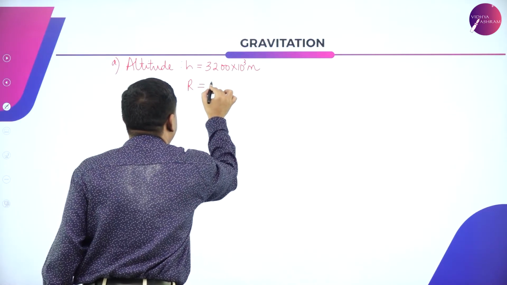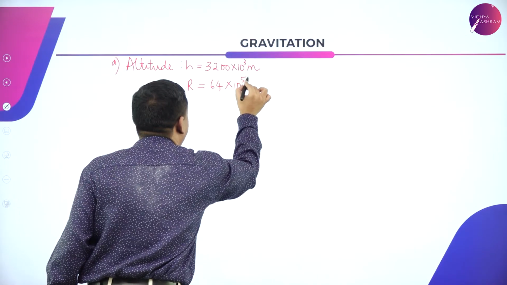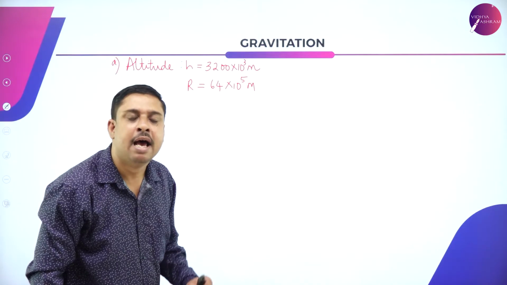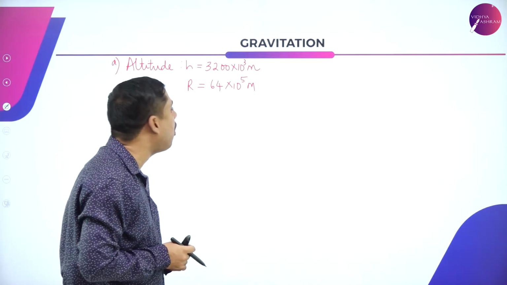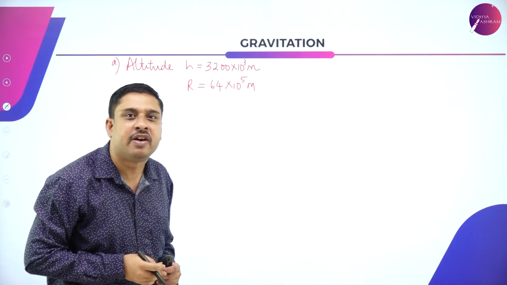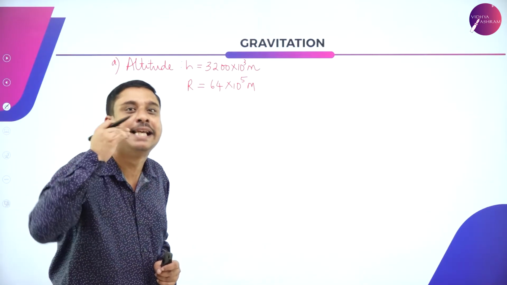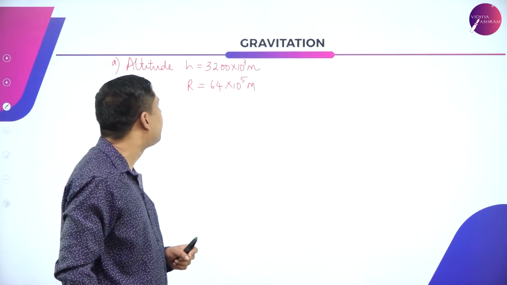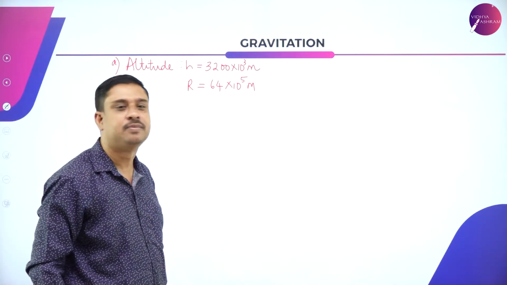Radius of the earth is 64 into 10 power 5 meters. So in the previous problem, I have shown how it is 64 into 10 power 5, 6,400 kilometers.